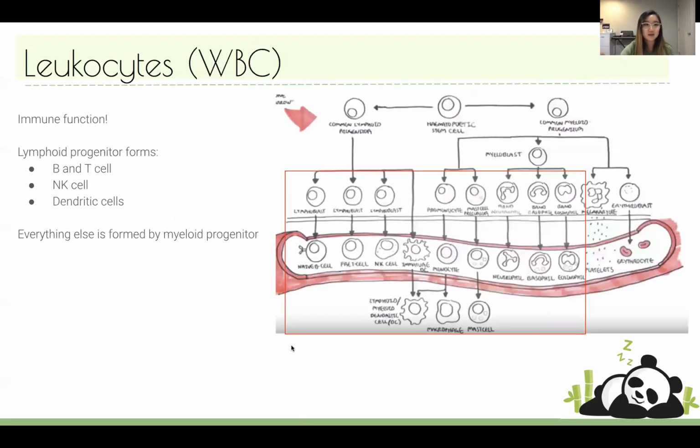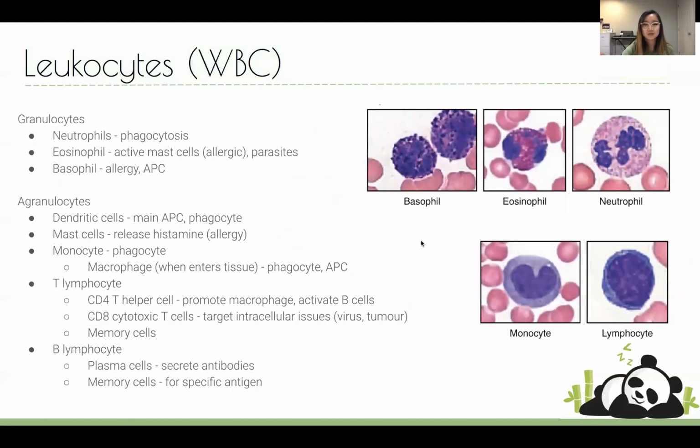Cool. Leukocytes are white blood cells. They're for immune function. Like I mentioned before, lymphoid progenitors make your lymphocytes, so B and T cells, your NK cells, and your dendritic cells. Everything else is formed by your myeloid progenitor. You can also sort them into granulocytes and agranulocytes.